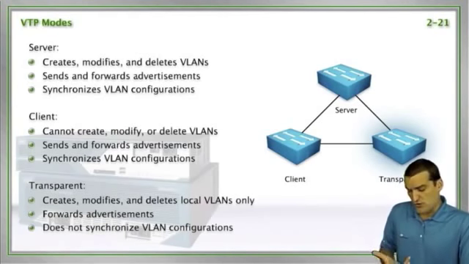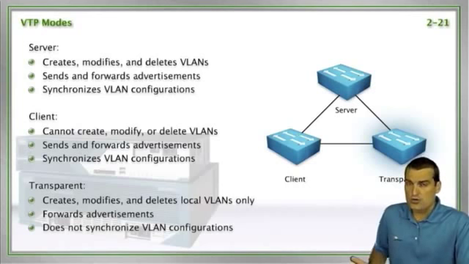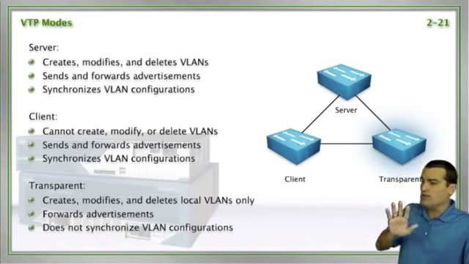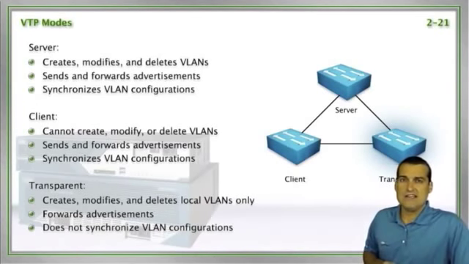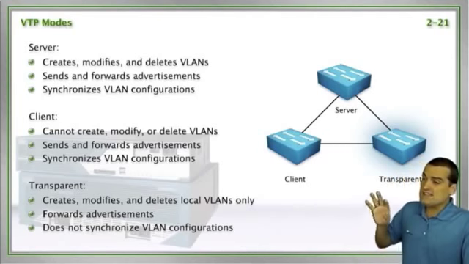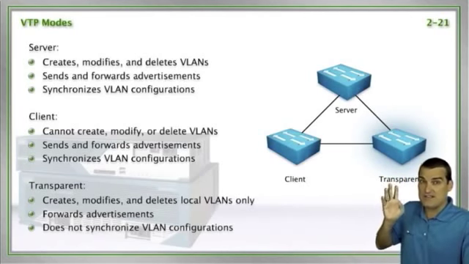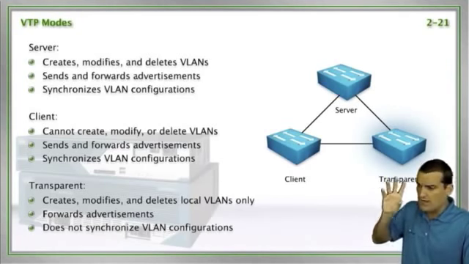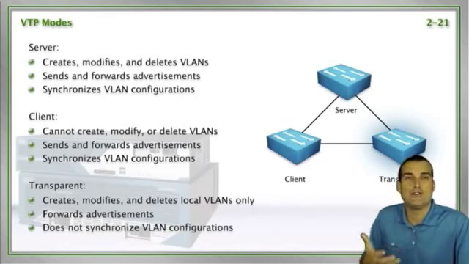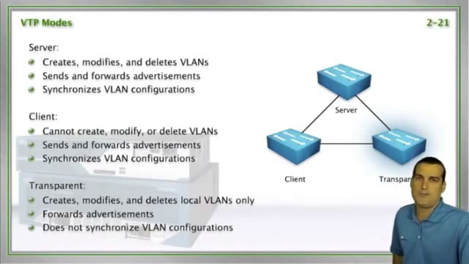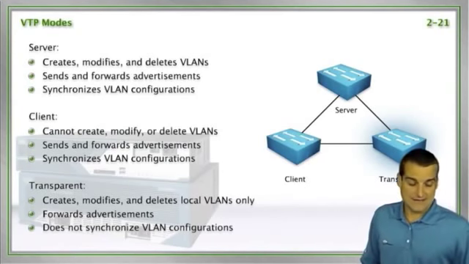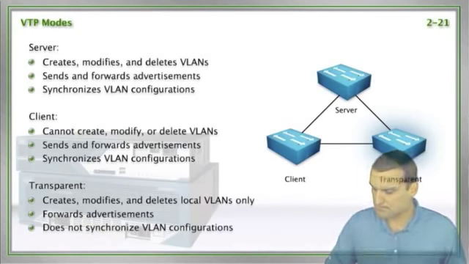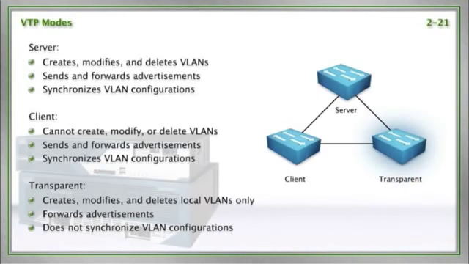It's just a mode where you can do anything you want there locally with your VLANs, and you will not impact anyone else in the topology. It's a mode where you might have a lab device and you want it plugged into your network, this laboratory equipment, but you want it operating with its own localized independent copy of the VLAN database. So 3 modes, know them and know them well.